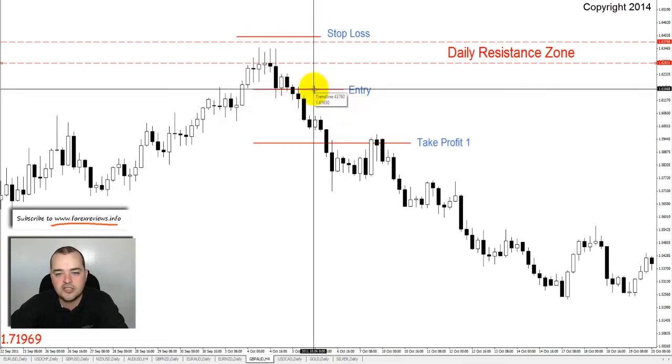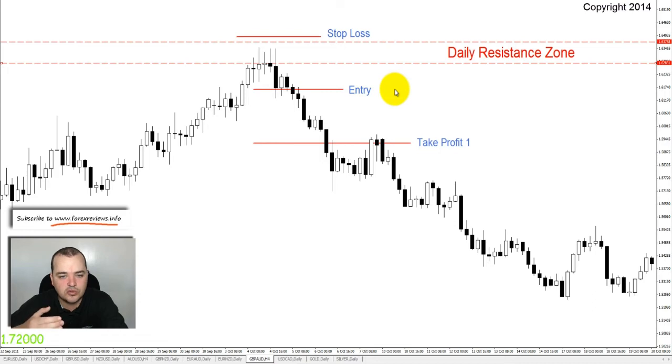You've got to remember these are daily resistance zones. Let's just go over this one more time. There's usually a major bounce from these areas of at least 100 pips or more. If you want to understand a little bit more about daily resistance, I'll sum it up in a nutshell. They work about 70% of the time for a bounce of at least 50, usually 50 to 60 pips.